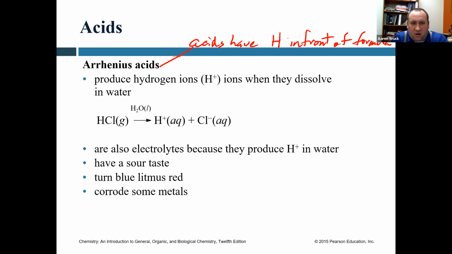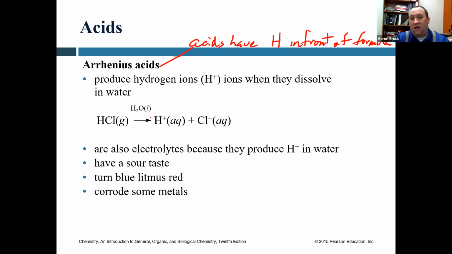The hydrogen ions are what make it an acid. The chloride ions, together with the hydrogen ions, give this strong electrolyte characteristic because we're seeing complete breakup of the molecule into ions. And we're also seeing that this process happens when it dissolves.